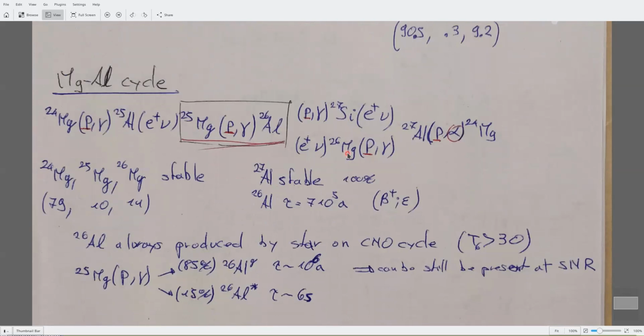Another one that is more clear is directly the magnesium-aluminum cycle. Here we are looking at two parts. The magnesium is converted, similar to the other, where you have two channels at some point, putting together 4 protons to get an alpha element. But the main part is the production of aluminum.